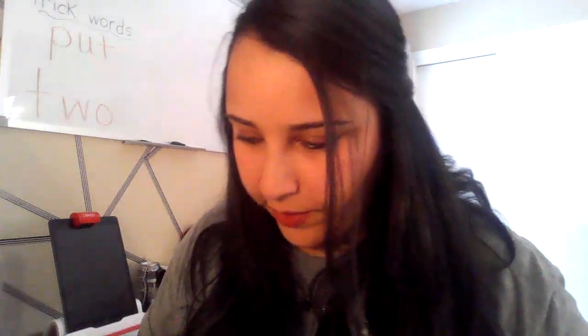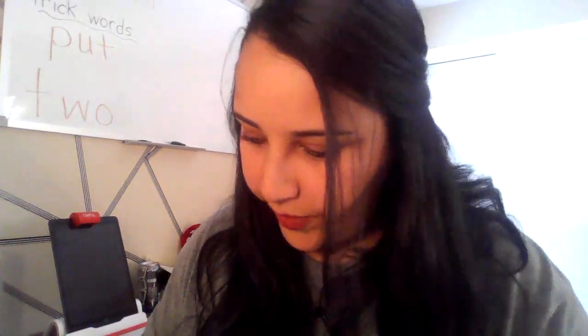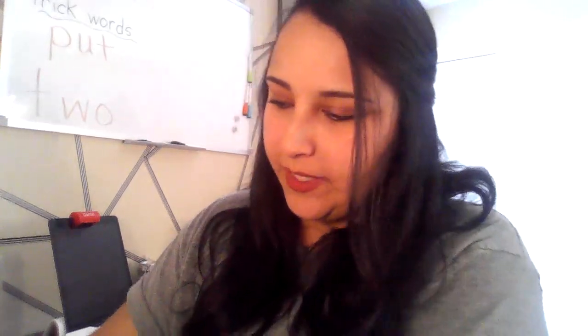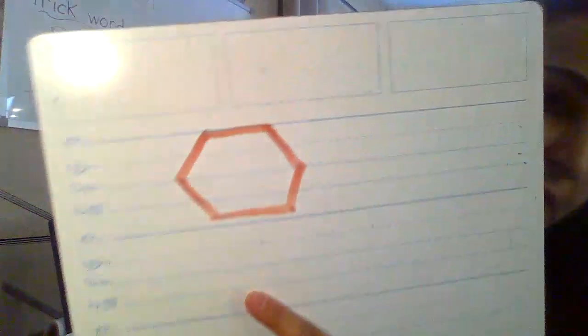The next one we are going to be going over, instead of 5 sides, it actually has 6. So I'm going to try my best to do the best drawing I can for it. That's my best drawing.